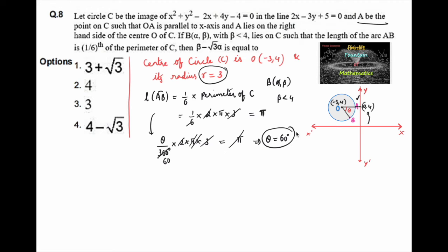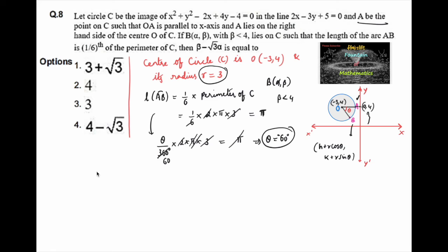When angle is 60 degrees and it's below, so let us consider the angle is negative 60 degrees, and the parametric coordinates of the point B we can write h plus r cos theta comma k plus r sin theta. So let us consider theta in the negative direction, because it is clockwise, so minus 60.